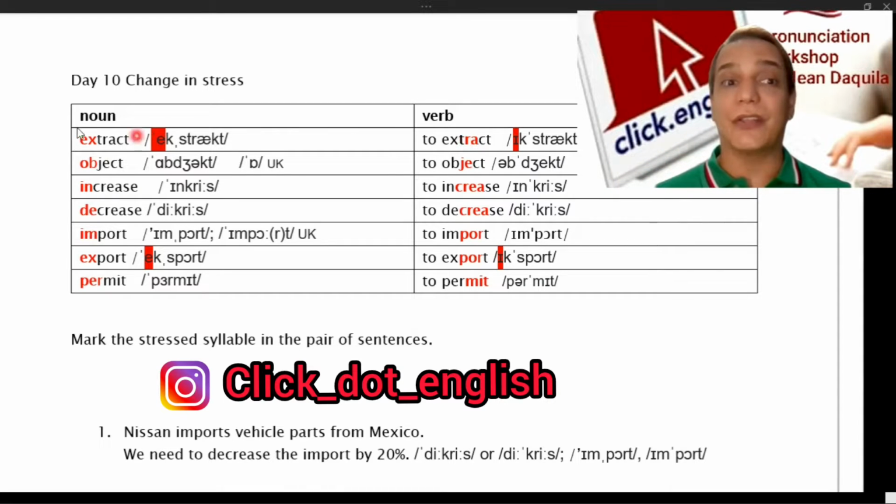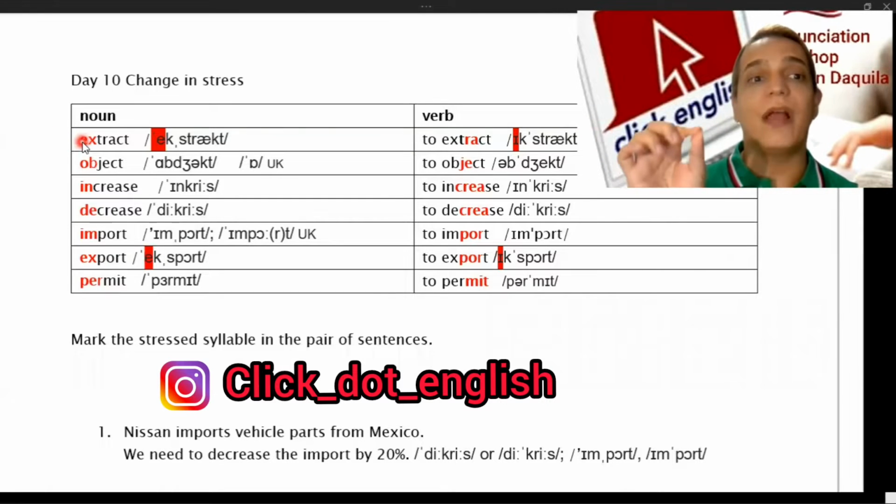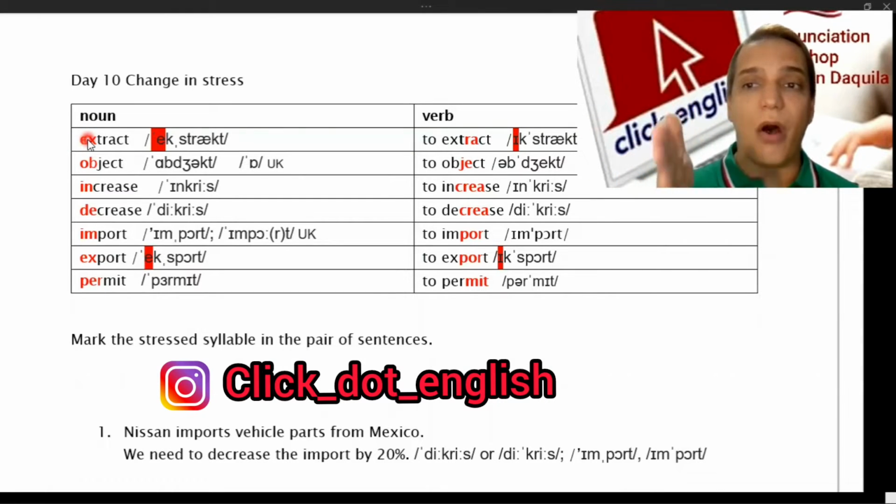But the good thing is that I have a rule for that. I love rules. Rule, the long ooh with tension we studied, remember? So the rule is when these verbs that are similar to the nouns, I write them the same way. When it's a noun, the stress is always on the first syllable.